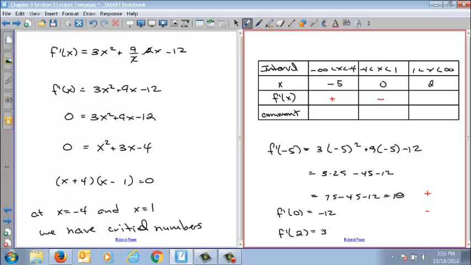So I get 3 times 2 squared plus 9 times 2 minus 12. 2 squared is 4, times 3 is 12. 9 times 2 is 18. 12 plus 18 is 30. Minus 12 is 18. Again, I just care that it's positive. Put the positive in there.